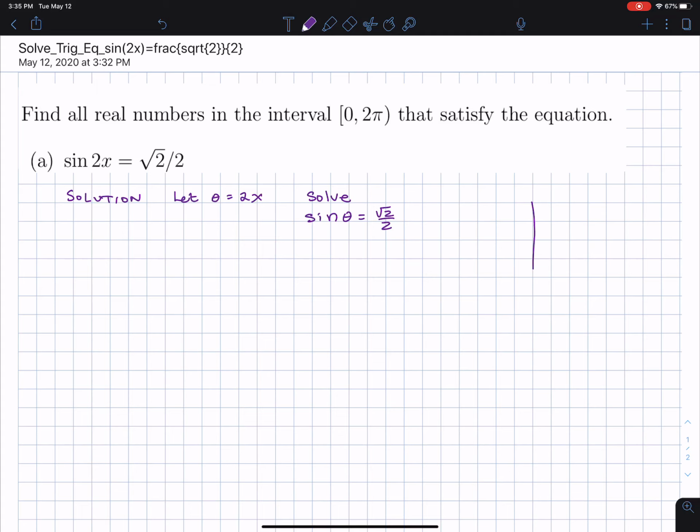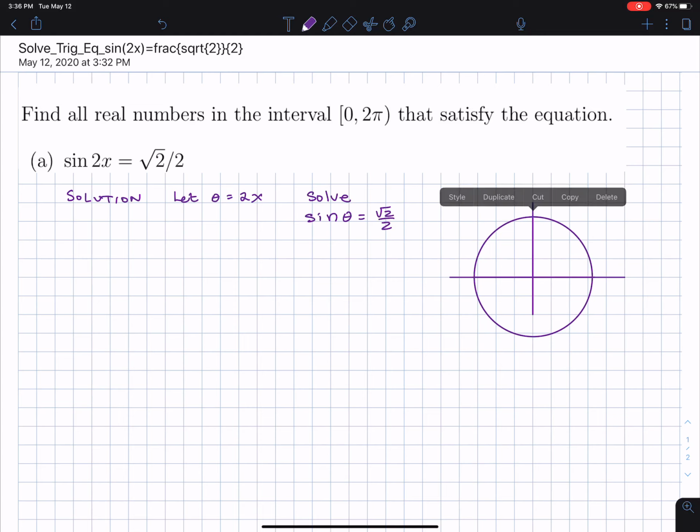Okay, so if I bust out the unit circle, then I think we should be able to figure out what the answer is. All right, sine theta is the y coordinate, but also maybe we just memorize that radical 2 over 2 is over here, and that's going to go with pi over 4.